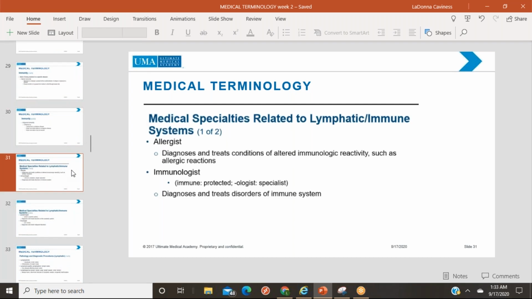Medical specialties related to the lymphatic immune system. So an allergist diagnoses and treats conditions of altered immunogenic reactivity, such as allergic reactions. Immunologist diagnoses and treats disorders of the immune system.